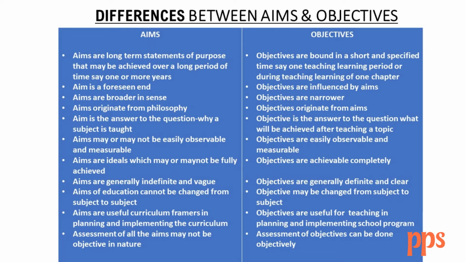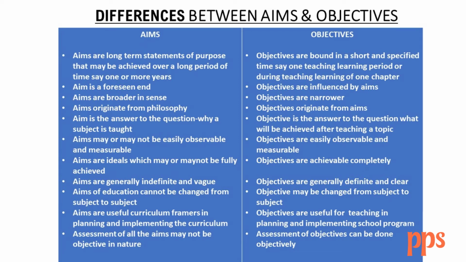Aim is the answer to the question why a subject is taught, whereas objective is the answer to the question what will be achieved after teaching a topic. Aim may or may not be easily observable and measurable. Objectives are easily observable and measurable.